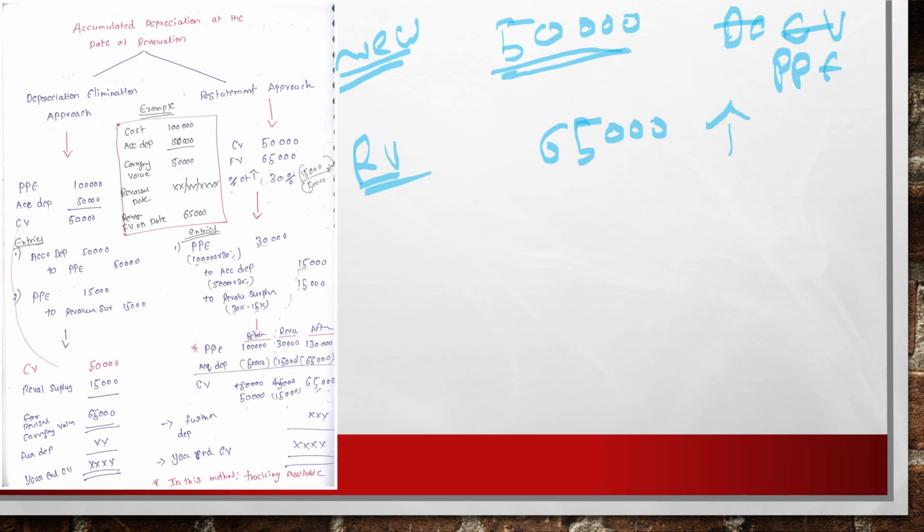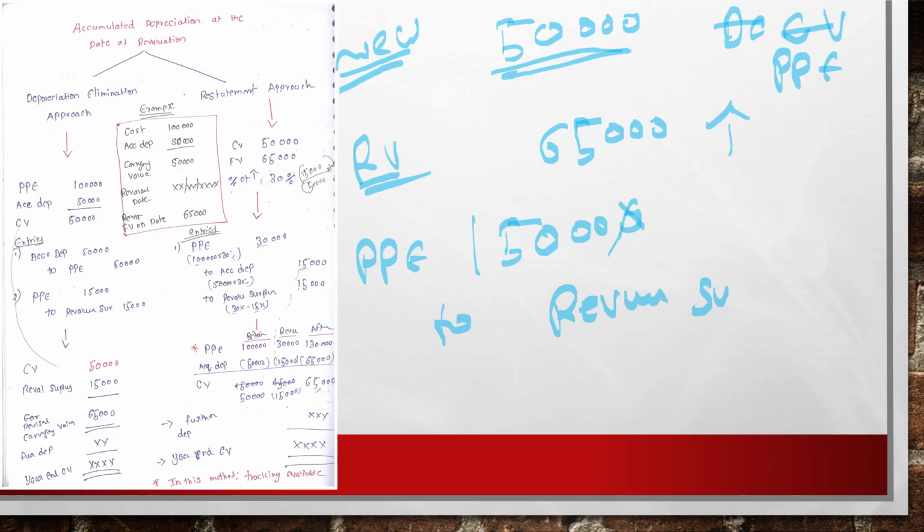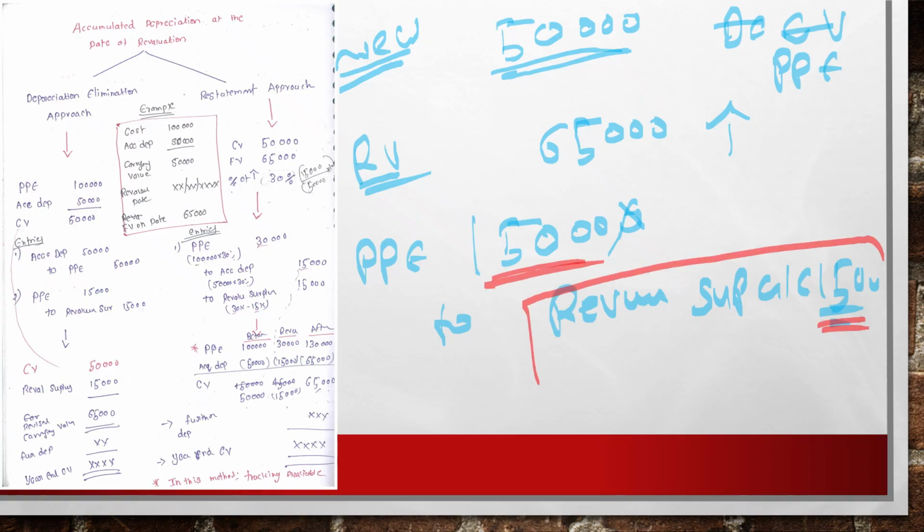So you should increase your PPE cost. Then your PPE is 50,000. What is this 15,000? This 15,000 is the revaluation surplus account.